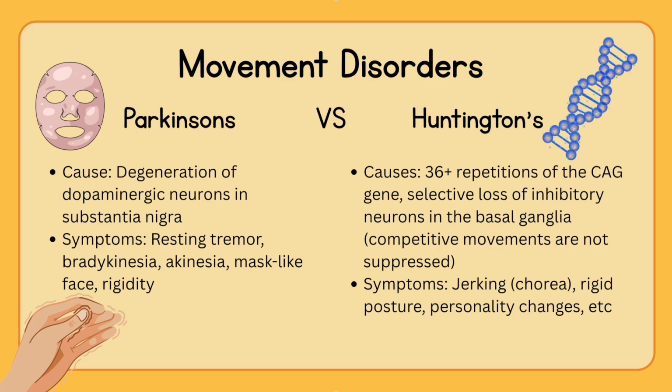So it's almost like they can't show emotion on their face as much as they used to. And then rigidity. So there might be a more kind of rigid posture, just like the muscles feel more rigid, and so on. Parkinson's is typically treated with the drug levodopa, which is a precursor to dopamine.